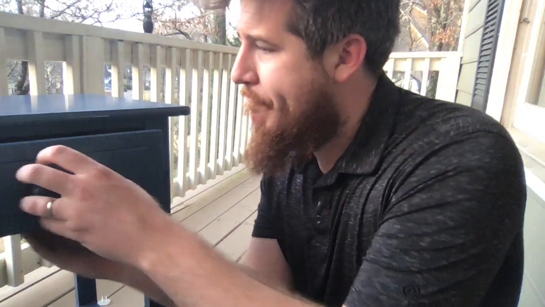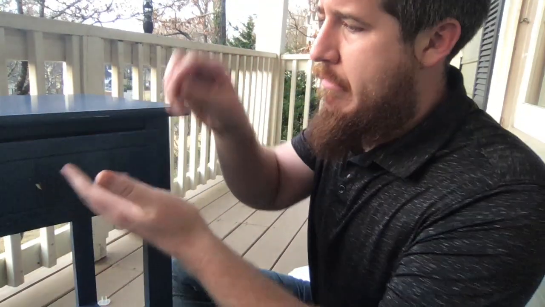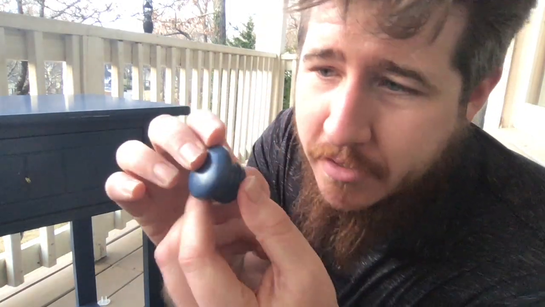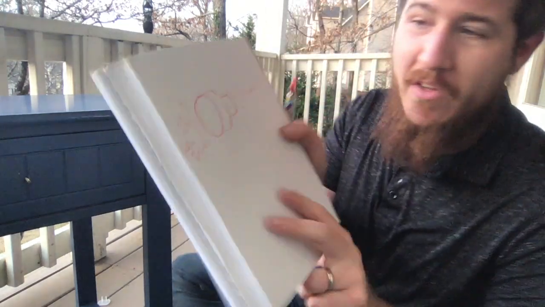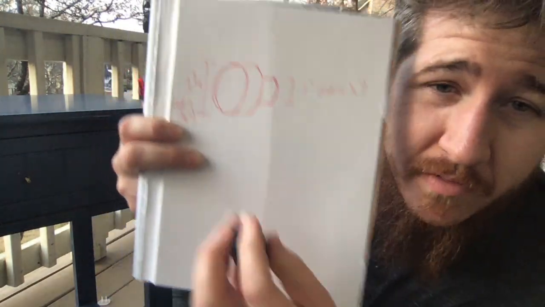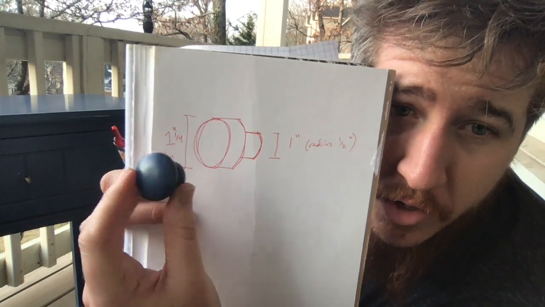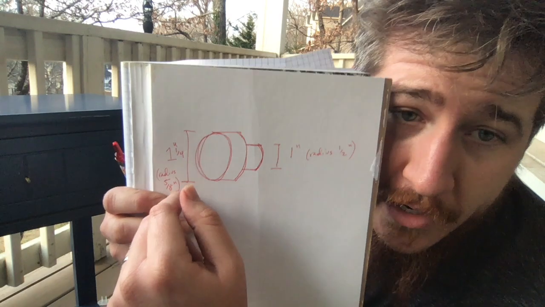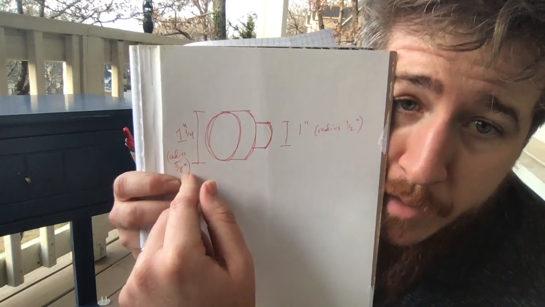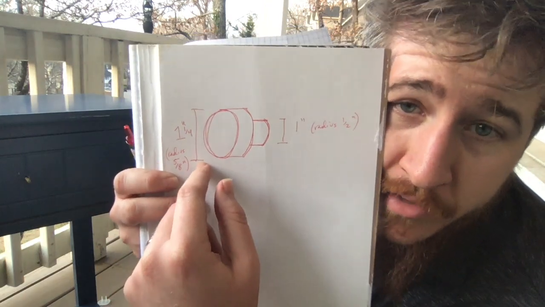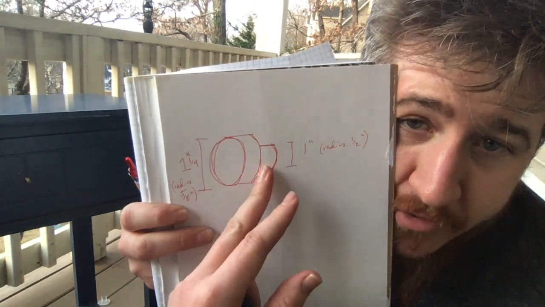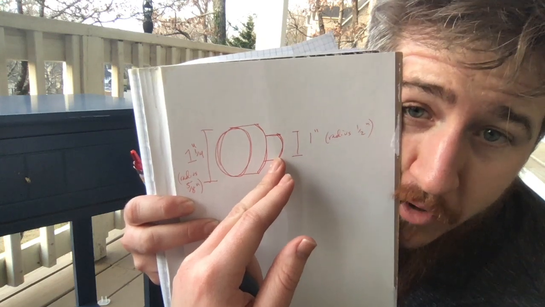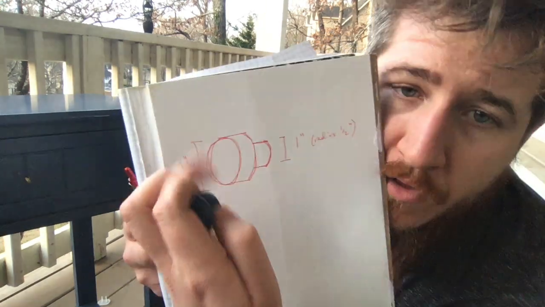And now the knob. We're going to simplify it a bit. Instead of doing all these crazy curves, let's just think of it as 2 cylinders, a narrow cylinder and then a larger cylinder. The larger cylinder has a diameter of 1 1/4, so that'd be a radius of 5/8, and then the more narrow cylinder has a diameter of 1 inch, so it'll have a radius of 1/2 inch.